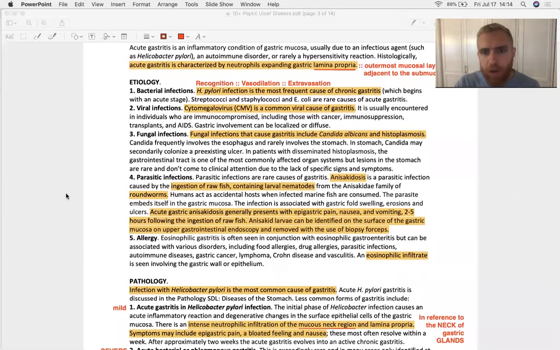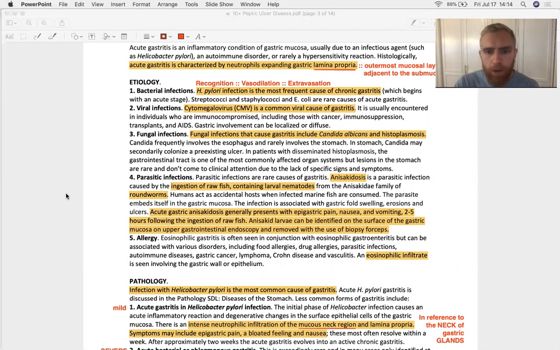Helicobacter does give you gastritis. Cytomegalovirus may give you gastritis. You can get Candida albicans in the stomach. You can get histoplasmosis that affects the stomach. Some parasites may burrow into the stomach wall.